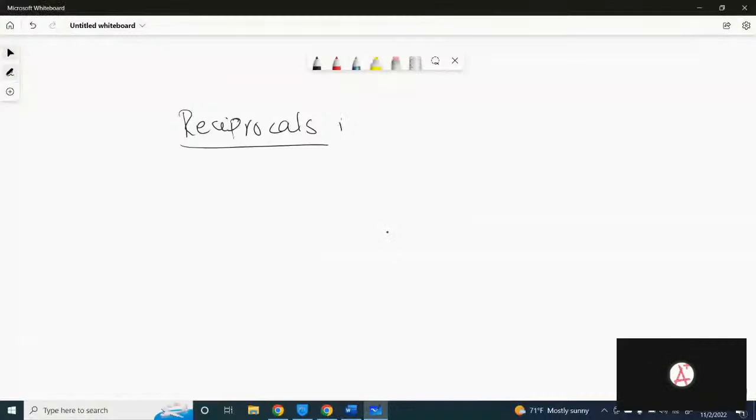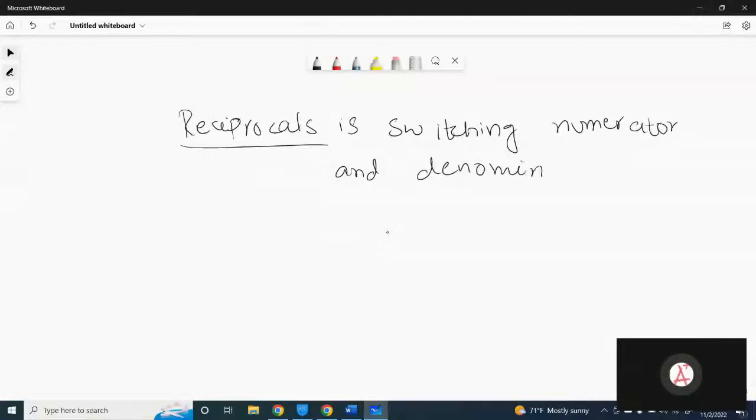Reciprocal means switching numerator and denominator. So basically, what we have to do is simply switch the numerator and denominator. Got it?